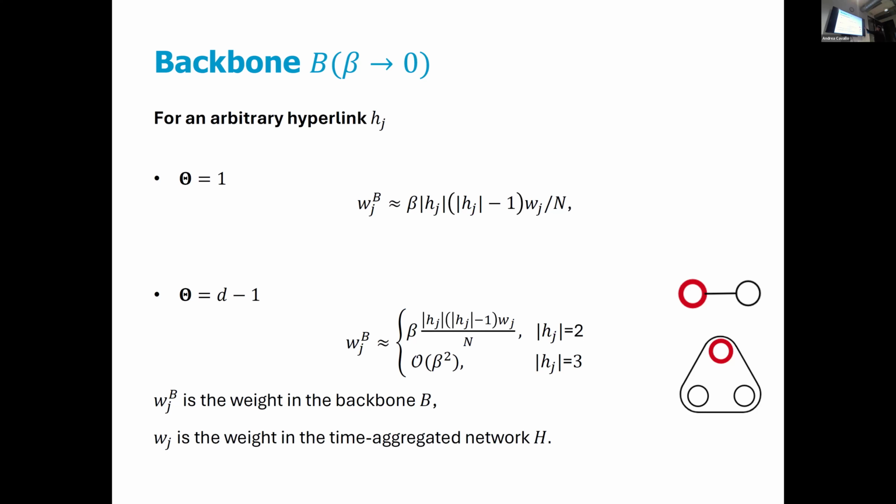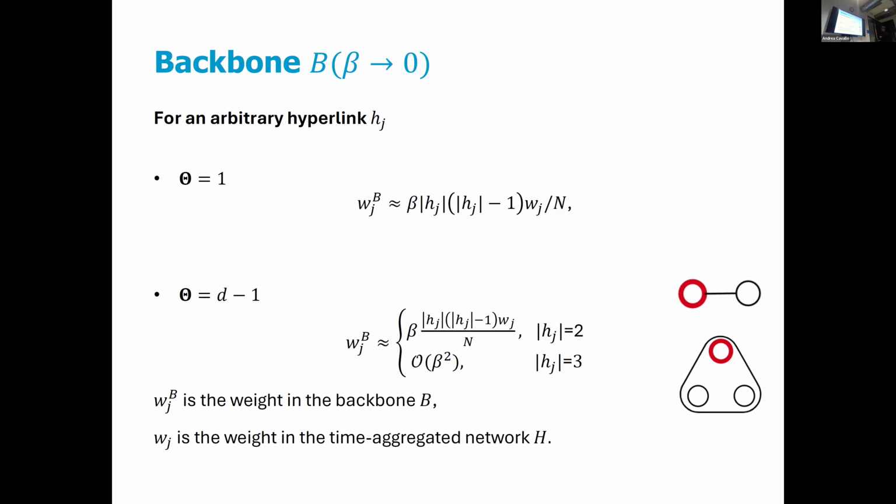When theta equals 1, the weight of a hyperlink in the backbone can be approximated to the order of beta, which means that it is proportional to beta and also proportional to the weight of the hyperlink in the aggregate network.